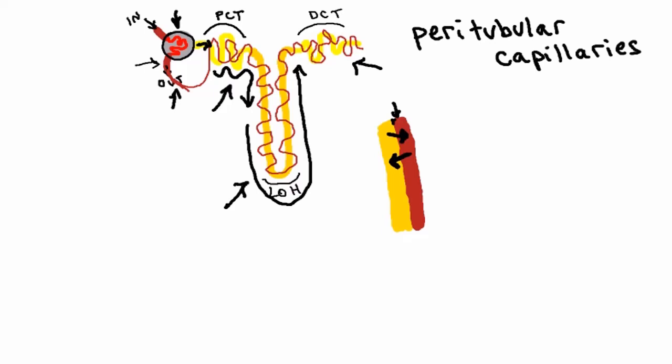So it goes from the efferent arteriole, and then that turns into the peritubular capillaries that wrap around the tube.